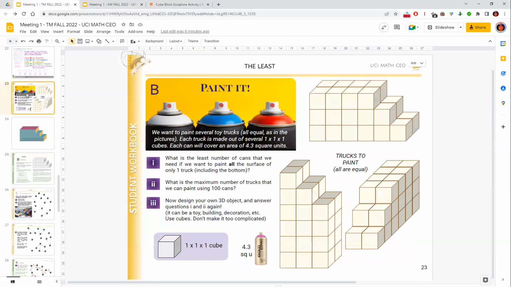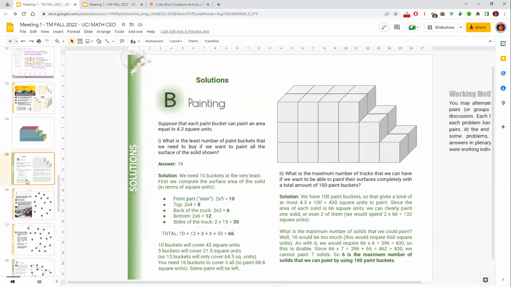And then you remember the question is, what is the least number of cans that we need if we want to paint all the surfaces? So it's a division problem, right? Pretty much 66 divided by 4.3. But here we just use some mental math, some easy way to do it. You just reason like this.